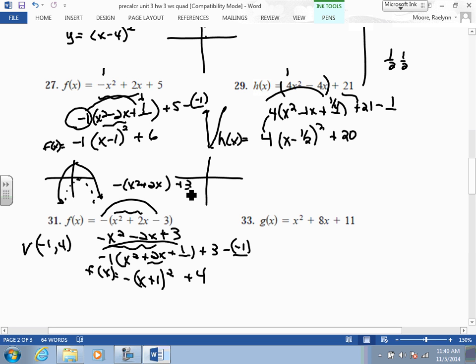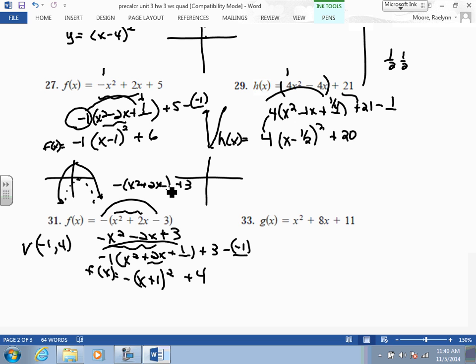You just took the 3 out of the mix. And then make yourself a little space and complete your square. That would work too. But if you don't see that, do it this way. Factor out the negative 1 and start from scratch. I think it allows you to see your groupings a little bit better than when they're all stuck in the parentheses.